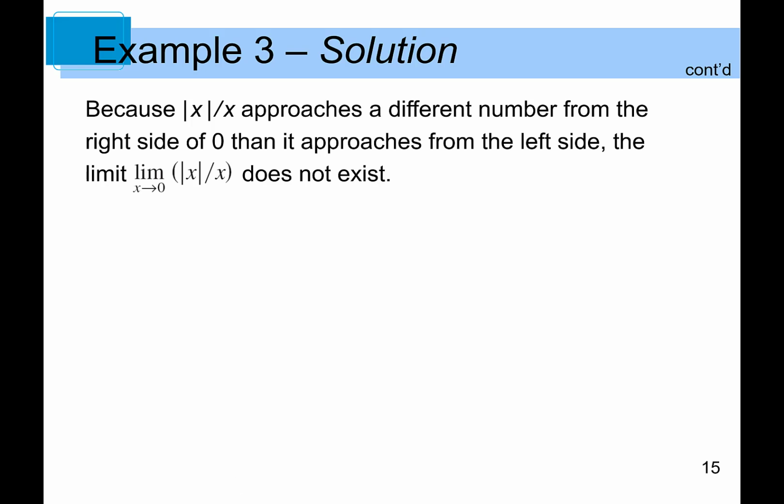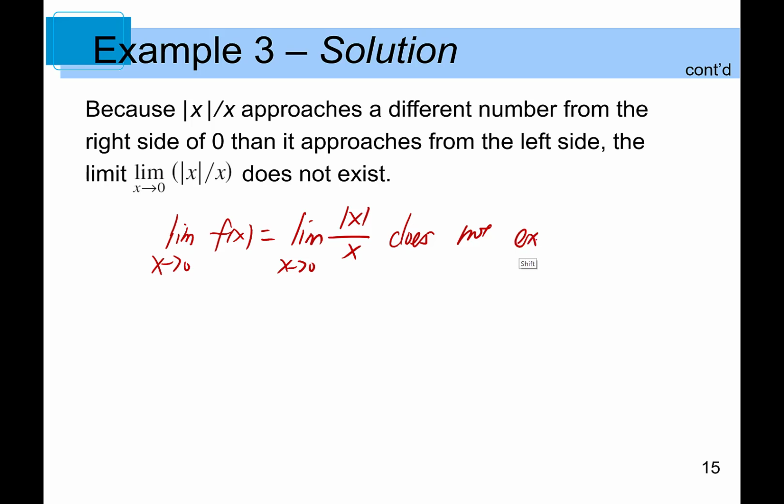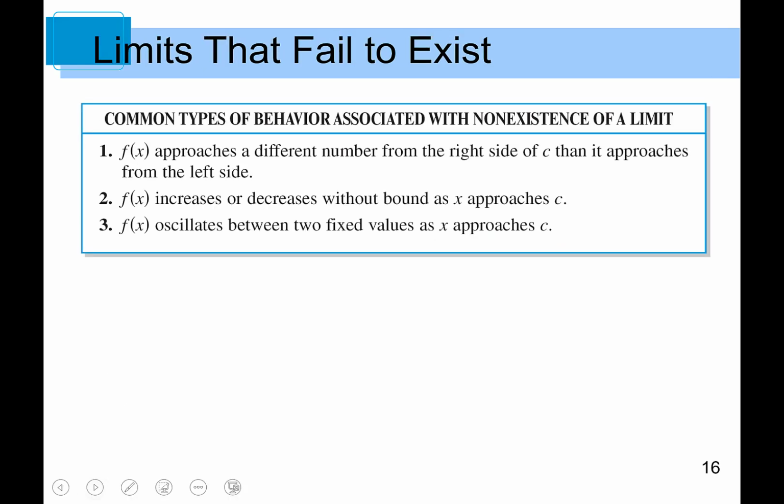Because absolute value of x over x approaches a different number from the right-hand side of 0 than it approaches from the left-hand side, the limit as x approaches 0 of f of x does not exist. So this is one particular case where the limit fails to exist.